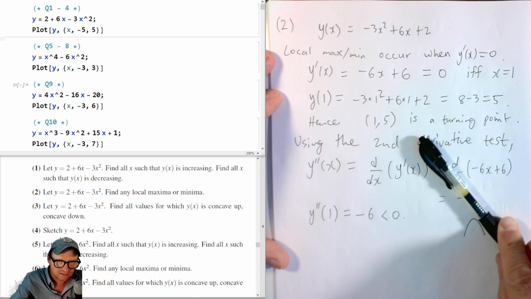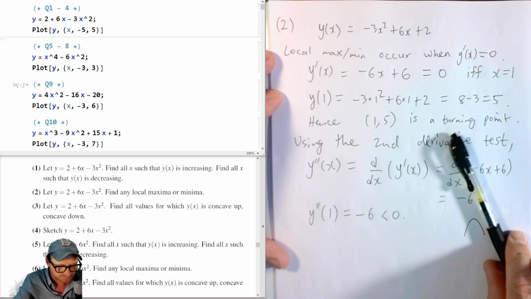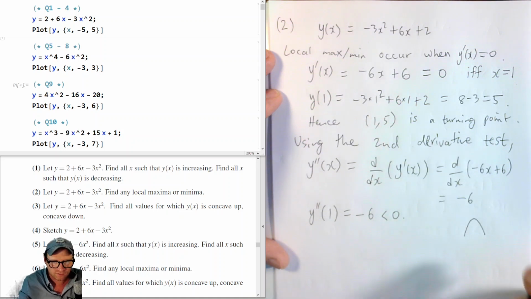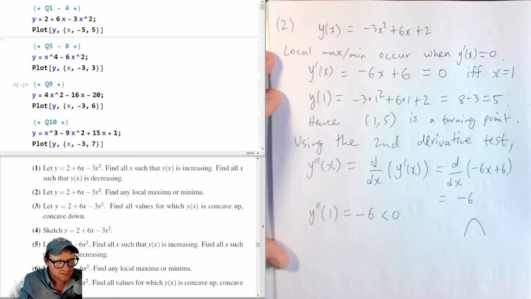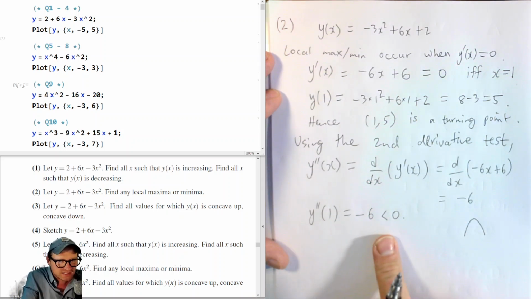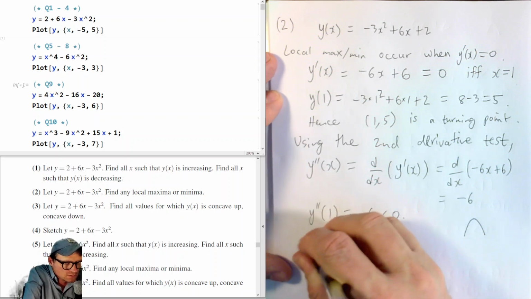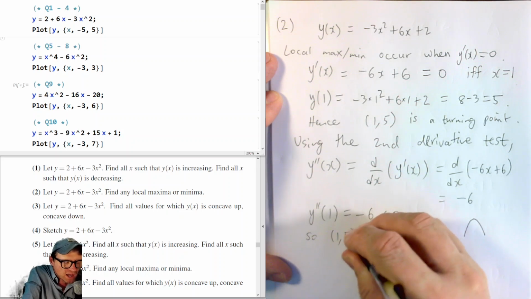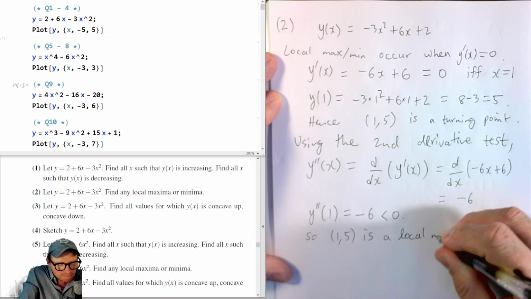It's decreasing, right? So when the slope is decreasing, the second derivative is negative, or the rate of change of the slope is negative. And so a negative second derivative gives us a local maxima. So the point 1, 5 is a local maxima.